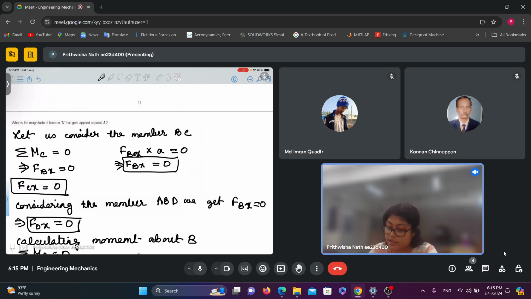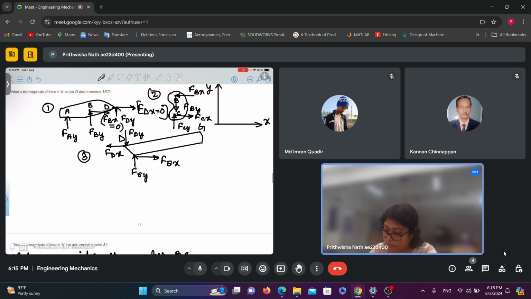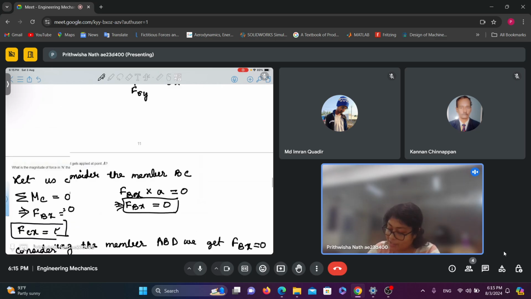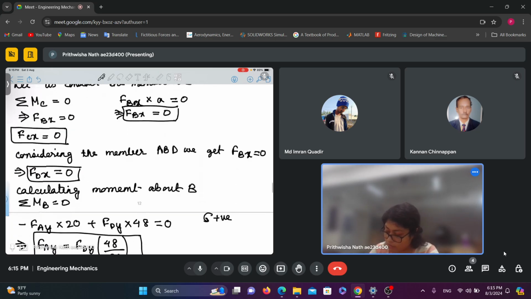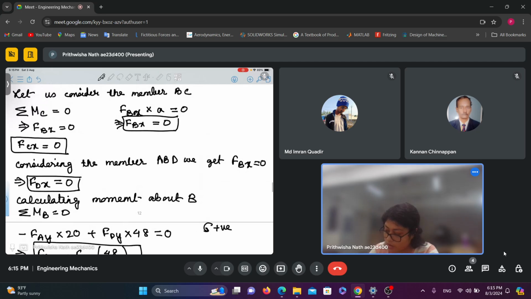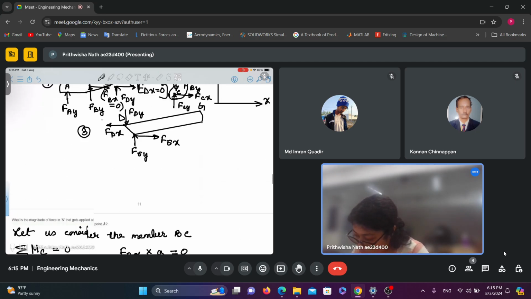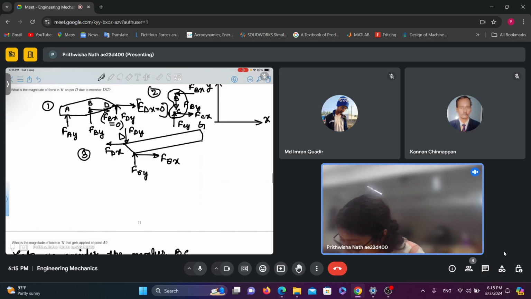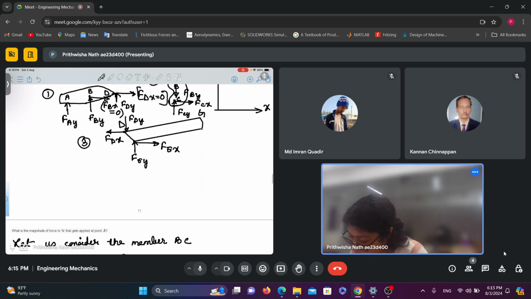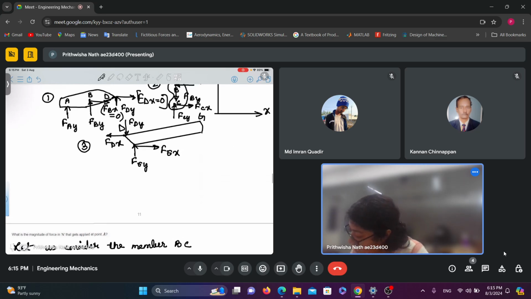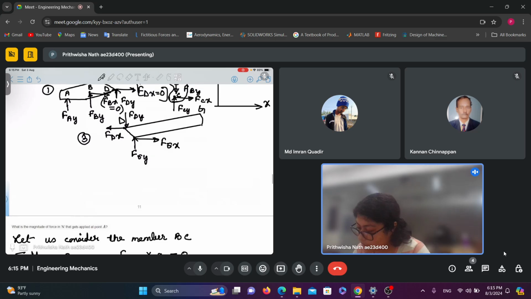Now we are considering the next member ABD. From the previous member we got Bx to be 0. So in ABD, Dx is becoming 0. F dx is also becoming 0.